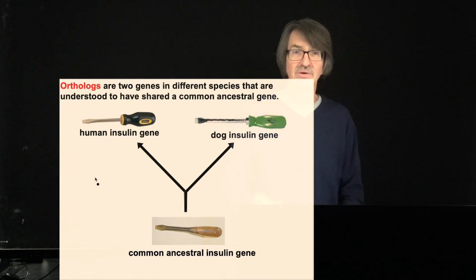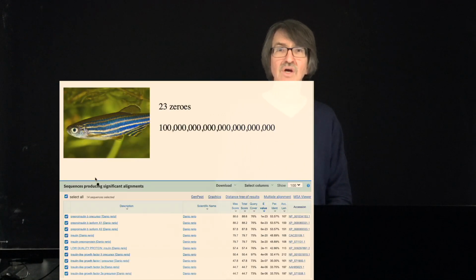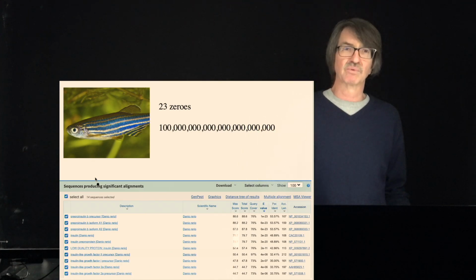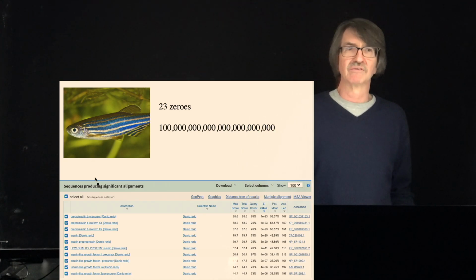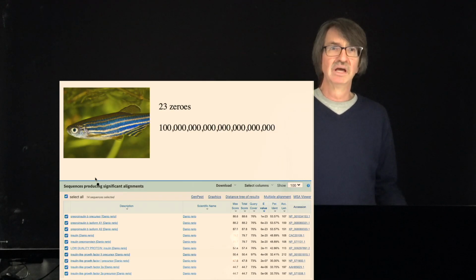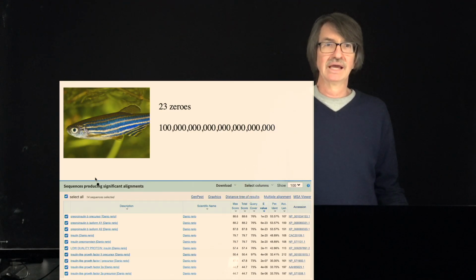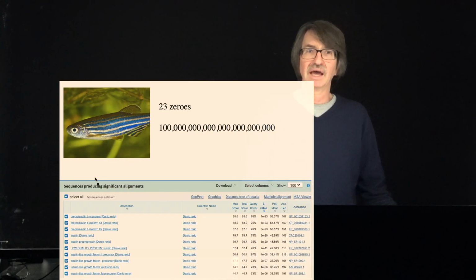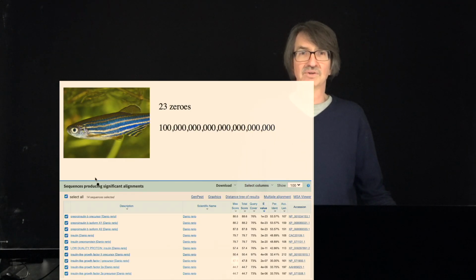Okay, so the next thing we can do is pick on another species. So let's compare human insulin with a fish. This is a fish called a zebrafish that's been studied a lot. People have studied its insulin. Its insulin's doing the same job. It's distantly related from us, but fish are vertebrates, and so we're still pretty closely related to a fish.